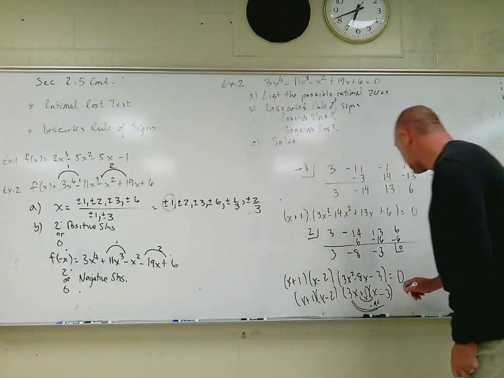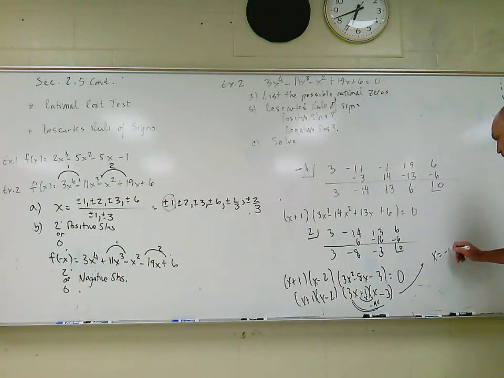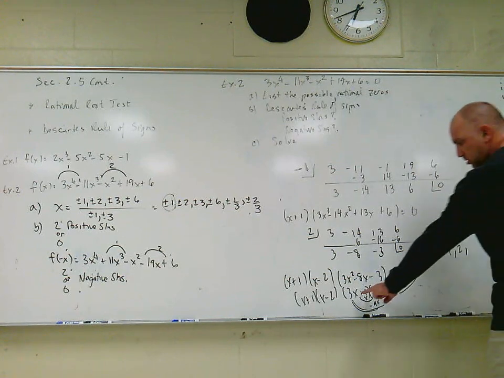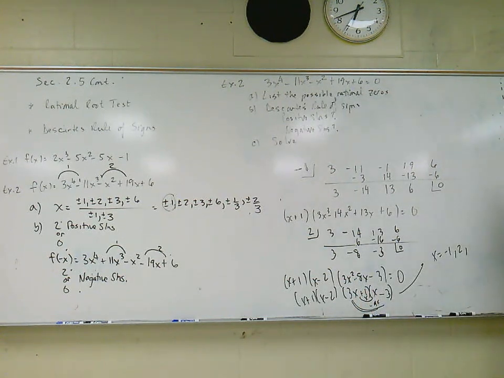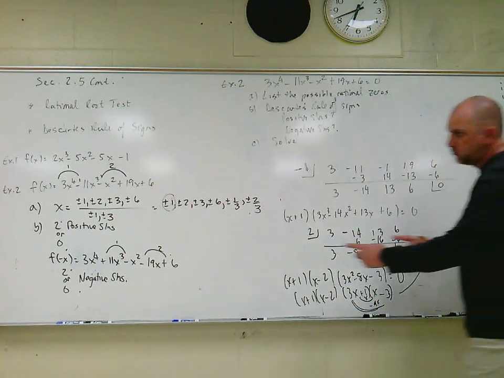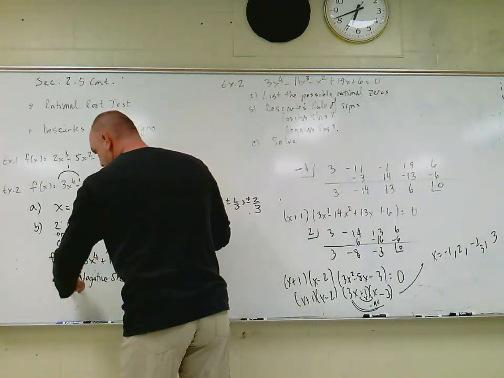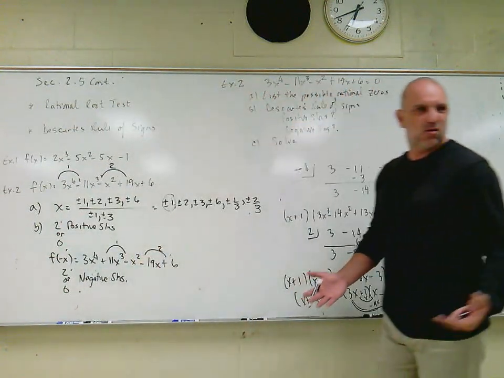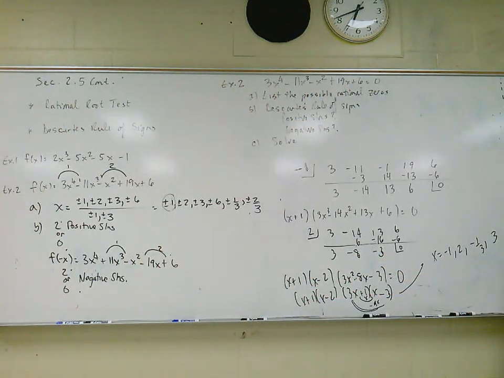There's all my factors. Now here's my solutions, -1, 2. What's the solution when you set 3x plus 1 equal to 0? Yeah, and what's the solution when you set x minus 3 equal to 0? 2 negative, 2 positive, which is guaranteed by Descartes' rule of signs, and that's all that is the purpose for.